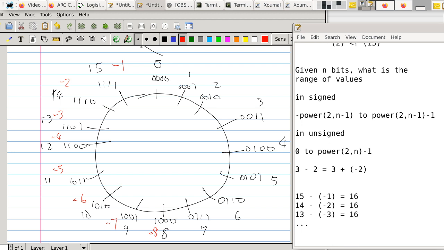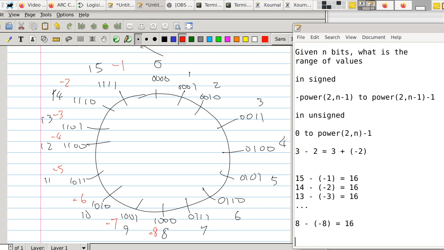Okay, and the last entry is 8 minus negative 8 is also 16. Okay, but how is that going to help me? Because my objective is to look at the representation of 2 and then somehow turn it into the representation of negative 2. Right? Are we good so far?